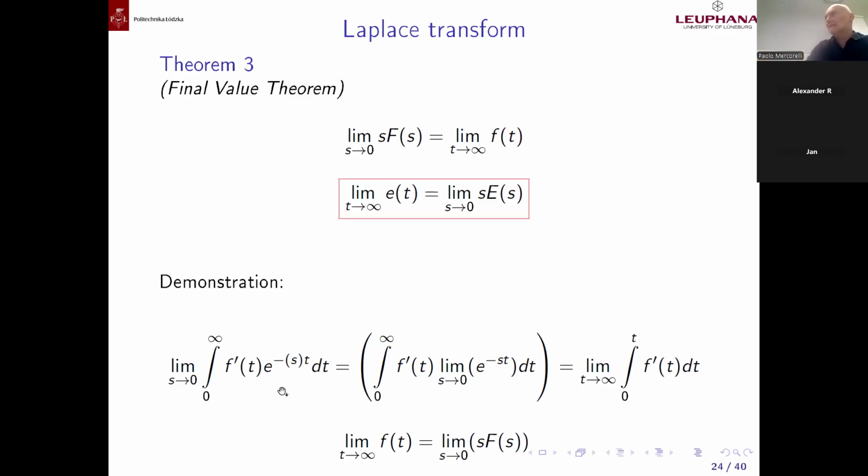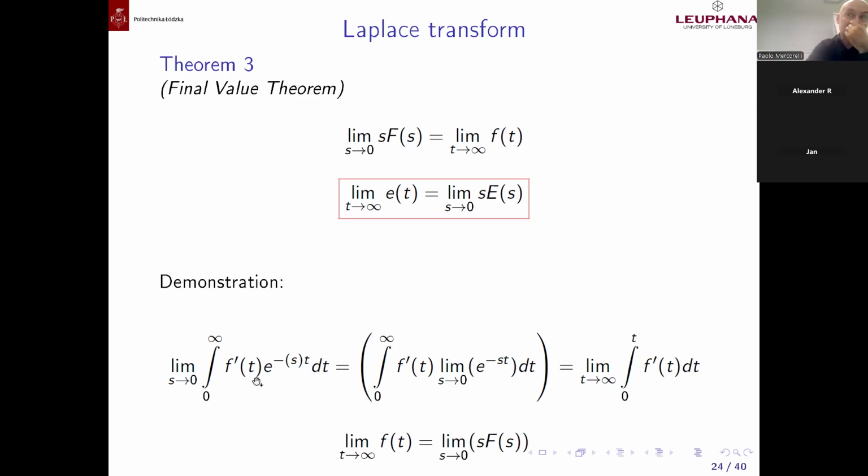I don't know if you remember math. Anyway, if you look at this, this limit is one, and then we obtain exactly what we want to obtain, because this here is basically s multiplied by F of s, in accordance with theorem 1.